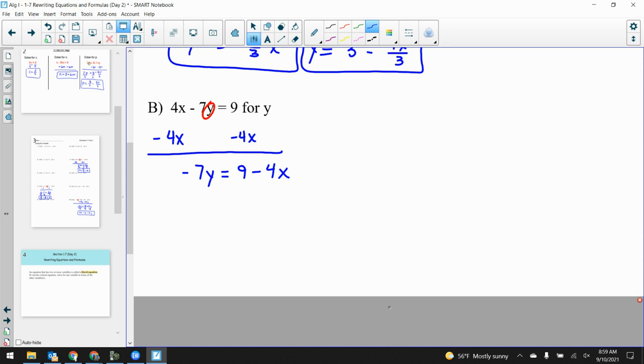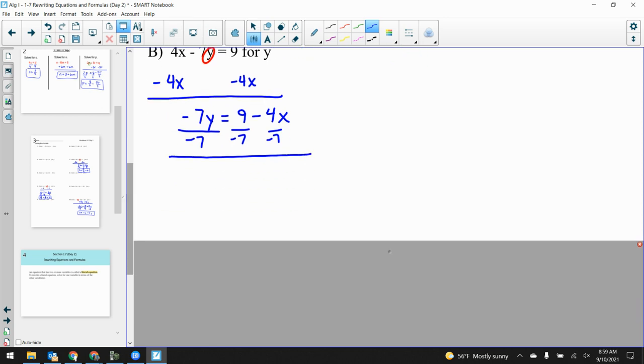I got to move the term over before I start dividing. So now we can divide the negative 7 over to the other side. This divides by negative 7. Remember, both parts on the other side divide by negative 7. Now, 9/7. Does that reduce at all? No. I could make it 1 and 2/7, but I'm not going to make it a mixed number. But it's negative 9/7. I guess I can put the negative out front.